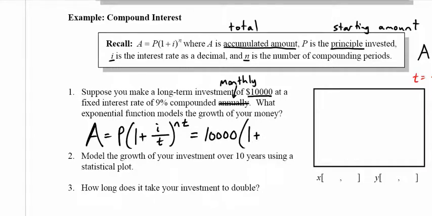The interest rate is 9%. I write it as a decimal, 0.09. And the number of times that I compound is 12, because it's monthly. And then I would leave n as a variable, because it doesn't tell me in this equation how many years.